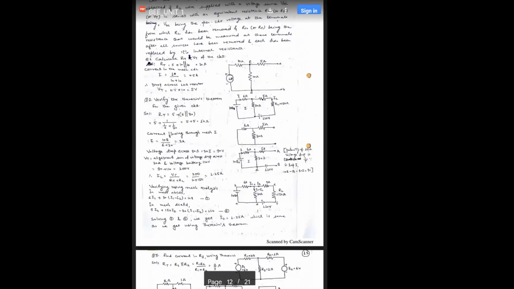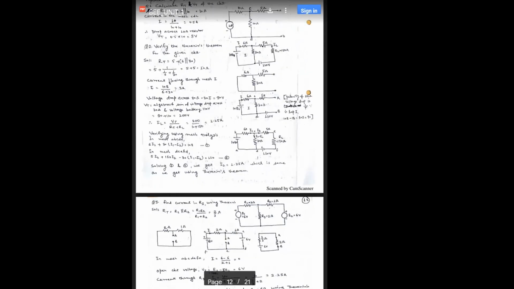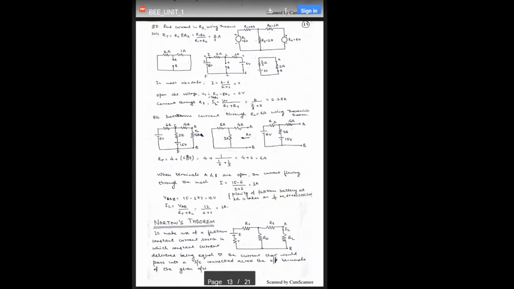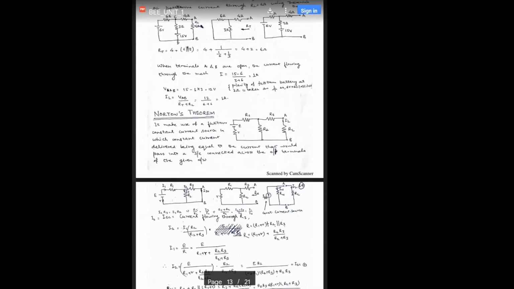And the next similarity is that the procedure of calculating the Norton resistance is the same as that of the Thevenin resistance. Okay, two similarities. One, it simplifies the circuits. Second, the Thevenin resistance is equal to the Norton resistance, and the process is the same.